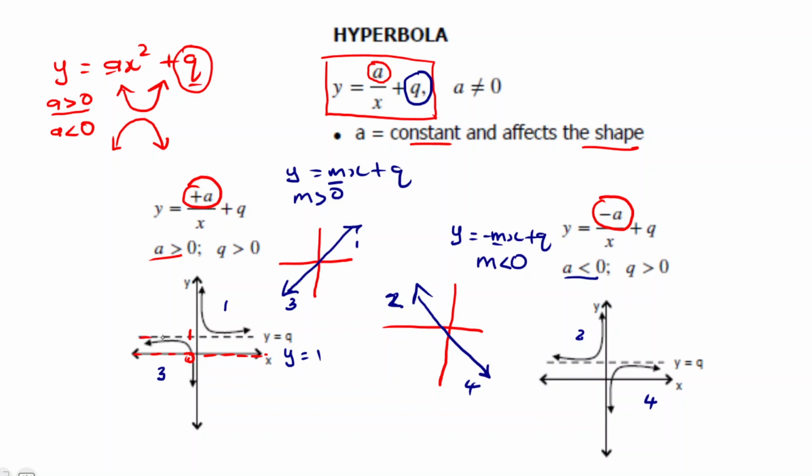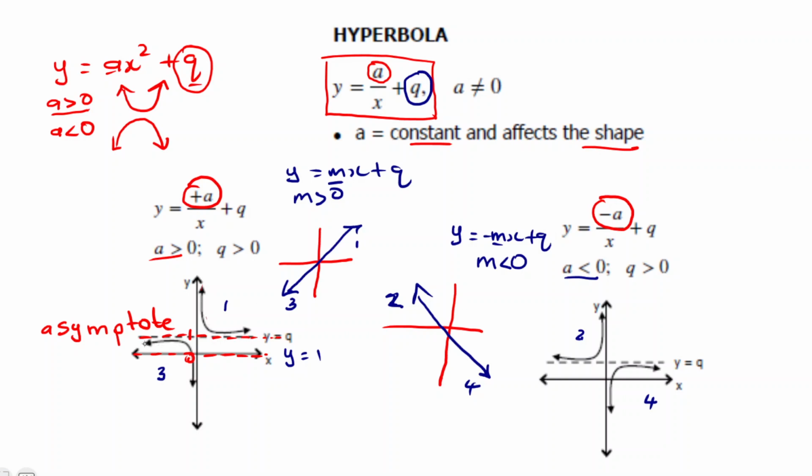That's why they drew it here, passing through the y-intercept, which is 1. So we call this one the horizontal asymptote. Now your hyperbolic graph must not touch or cut the asymptote. It must not touch the y-axis, and it must not touch the asymptote.